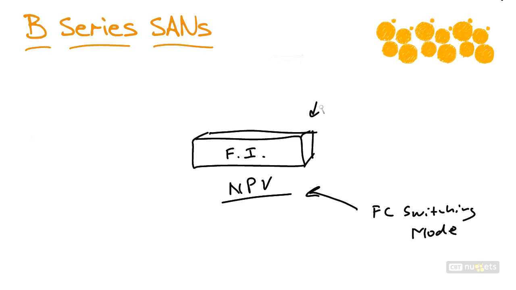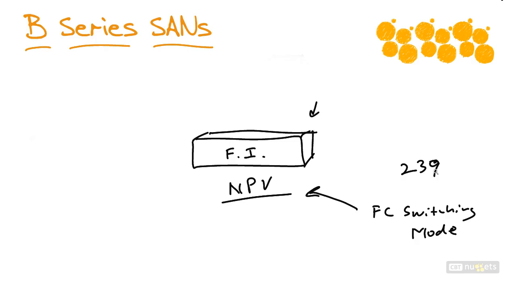This is a bit of a concern because, as you know, there are only 239 possible domain IDs available within our fiber channel addressing scheme. So if you introduce a 6 or 8 port fiber channel switch, this can really severely limit how large your storage area network can grow.